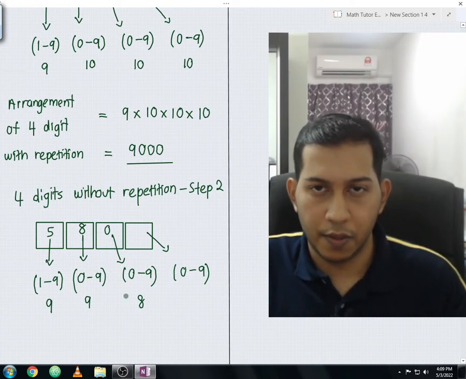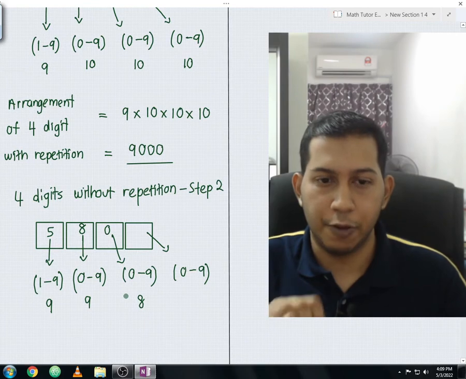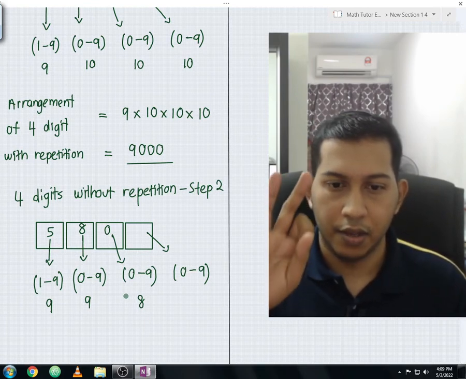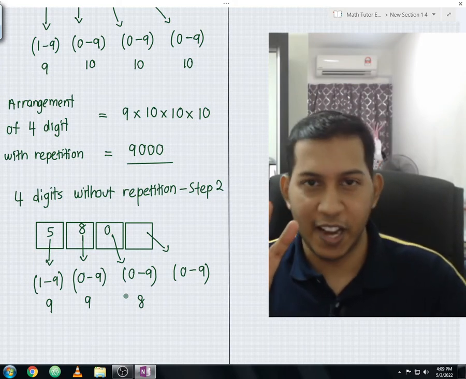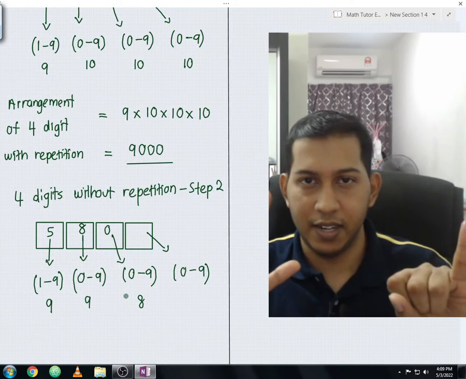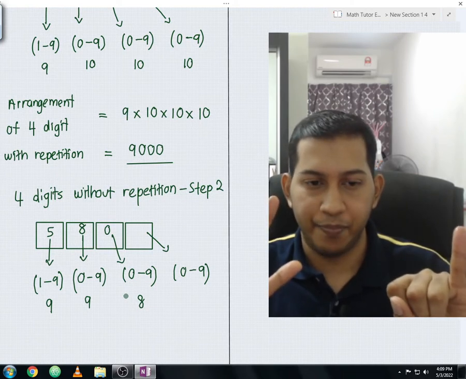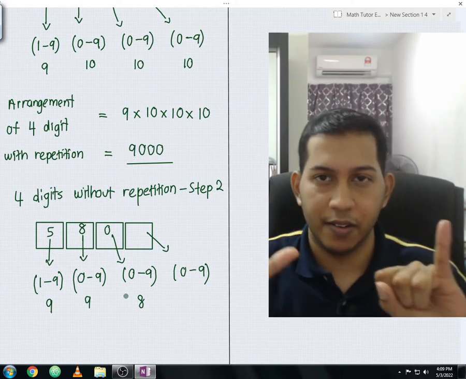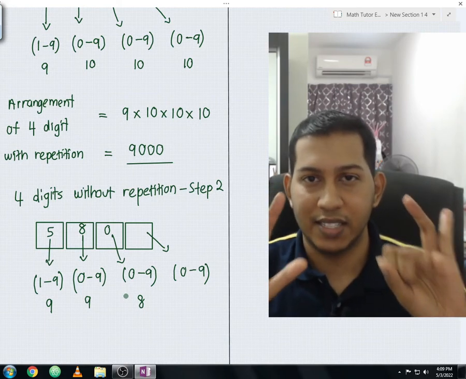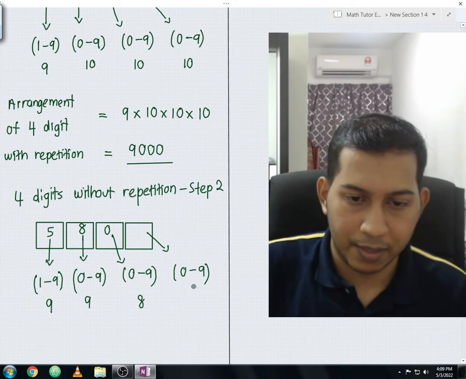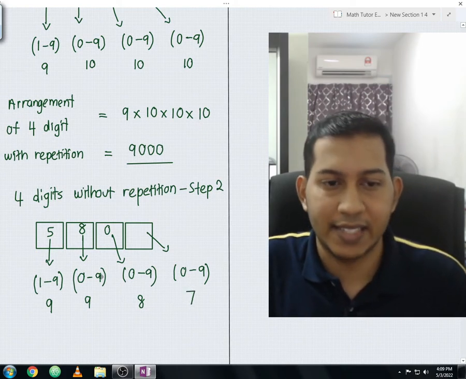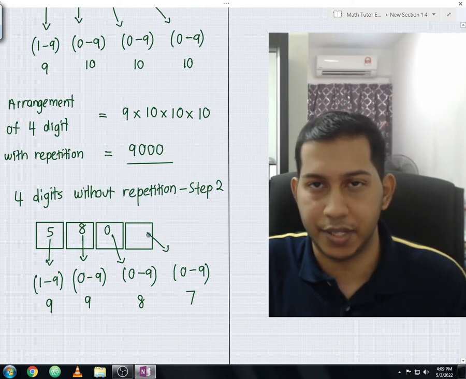So 0 you minus out, so you start with 1, 2, 3, 4. Since the 5 you minus out, you start with 6, 7, and then the 8, since you minus out, you straight away move to 9. So from here you have 7 possible numbers.